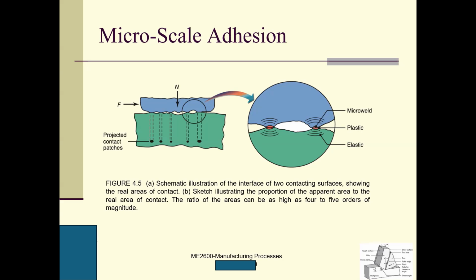So this is micro weld, plastic, this is elastic. Micro weld, you know weld, right? Weld means two materials melt and come together, then cool down, and these two materials become one. So this is micro weld. This is adhesion. They come together. Micro weld.